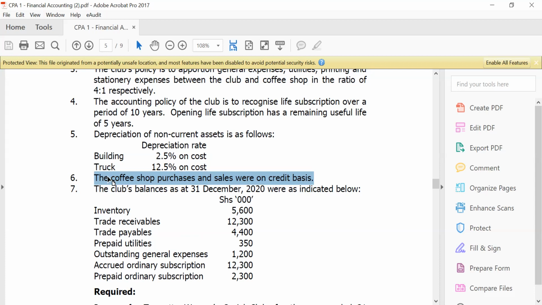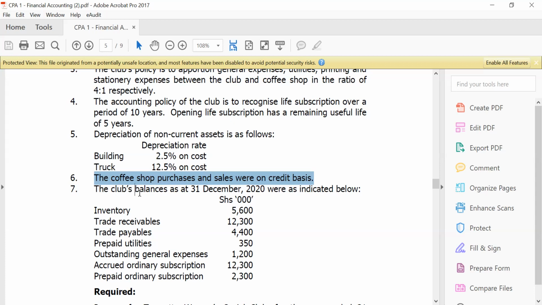Then it proceeds to tell us that the club's balances as at 31st December 2020 were as indicated below. Inventory is 5,600, trade receivables is 12,300, trade payables is 4,400, prepaid utilities is 350, outstanding general expenses is 1,200, accrued ordinary subscription is 12,300, and prepaid ordinary subscription is 2,300.